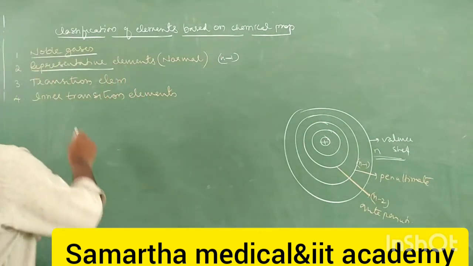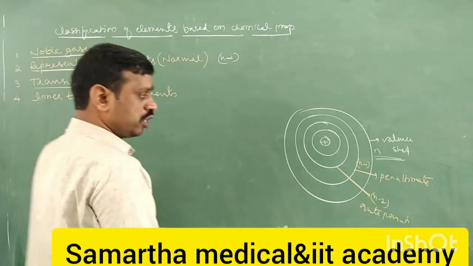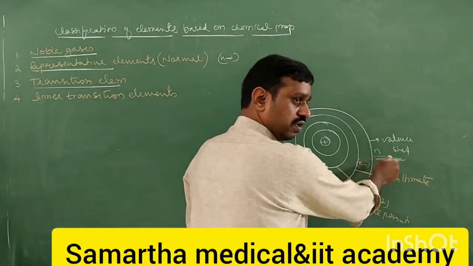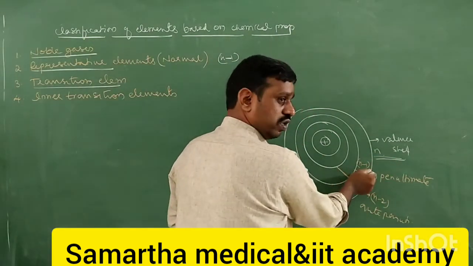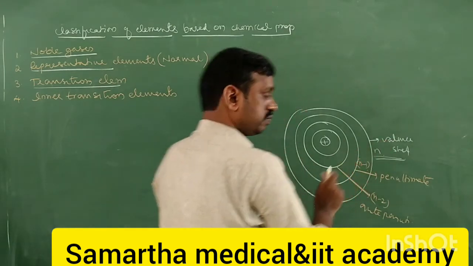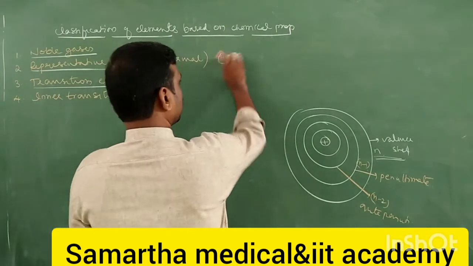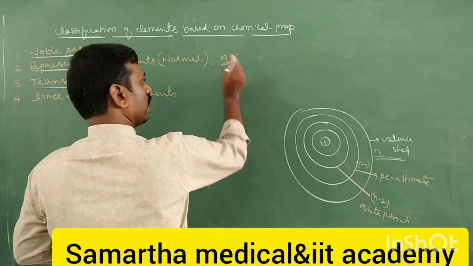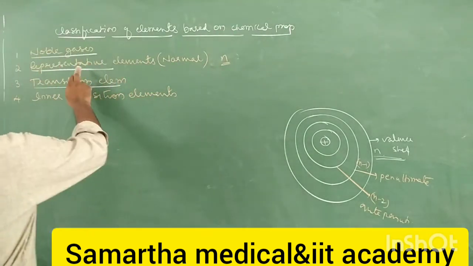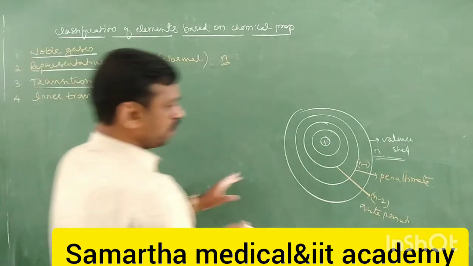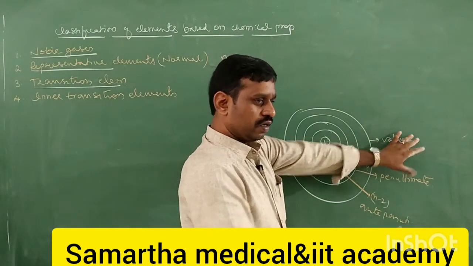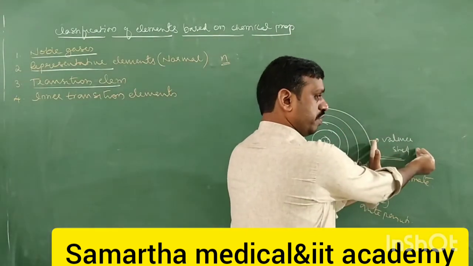Then what about transition elements? Sorry, I said n minus 1 for representative, but no, in representative only the valence shell is incompletely filled.